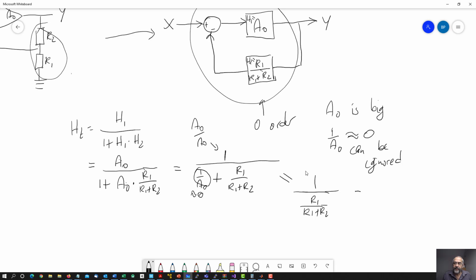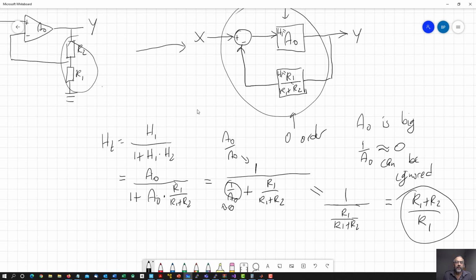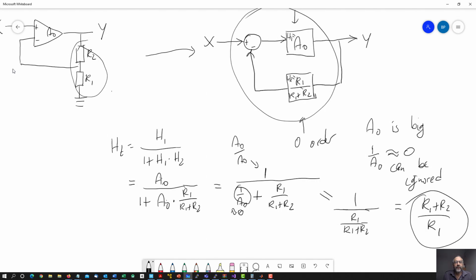And rewriting that, that's the same as R1 plus R2 divided by R1. So that is our final transfer function. This whole system, which is a redrawing of that electronic diagram that we have there, has as a transfer function R1 plus R2 divided by R1.